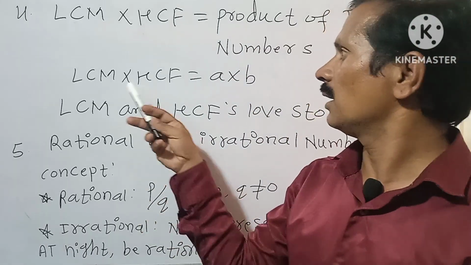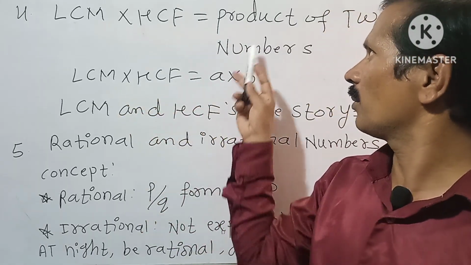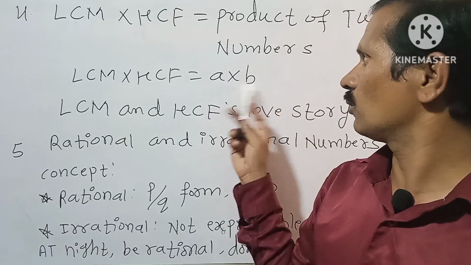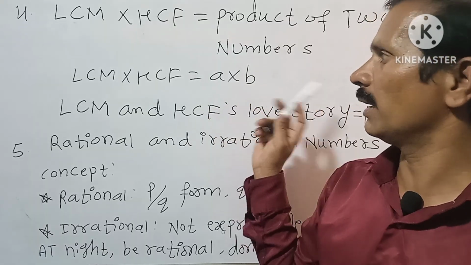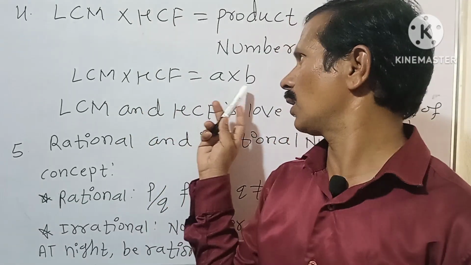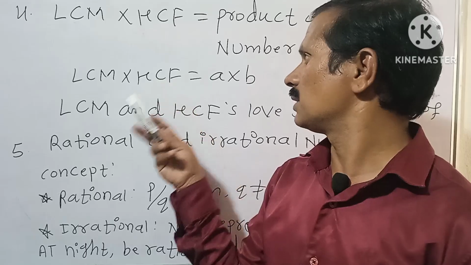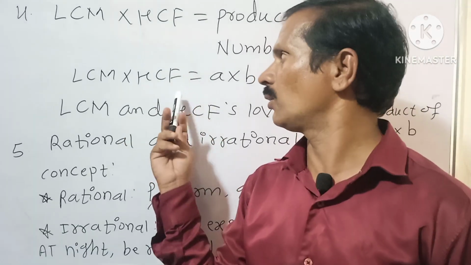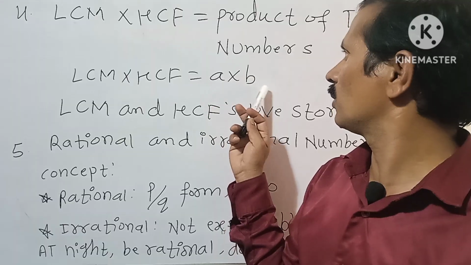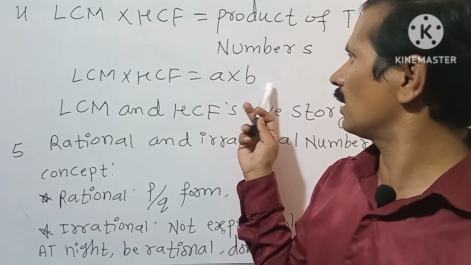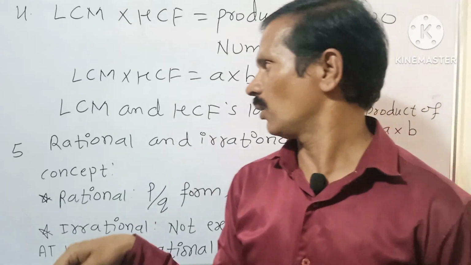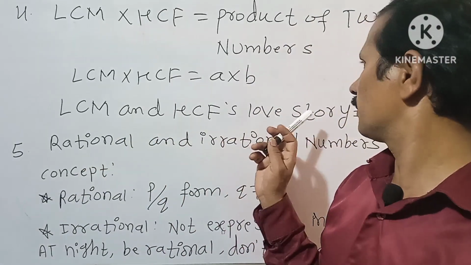You have to remember the shortcut: A into B, meaning any two numbers. The product of any two numbers equals LCM into HCF. Whichever numbers you took, multiply their LCM and HCF, and also multiply the numbers themselves. Both answers will be the same.